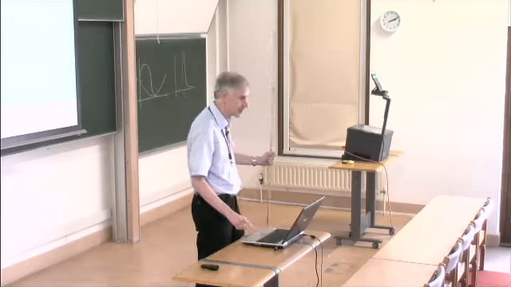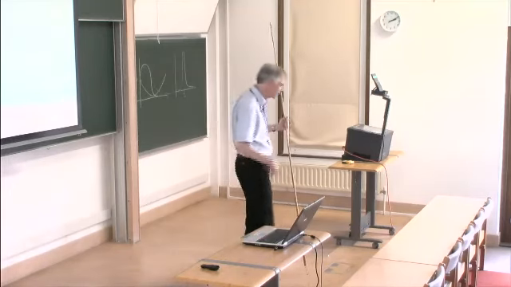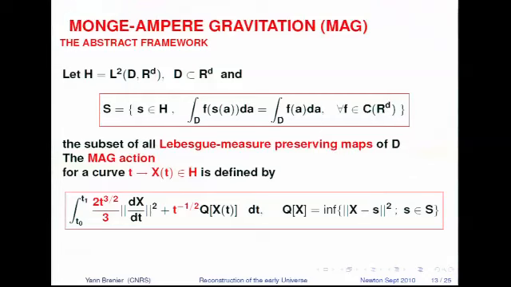And so now I can define in an abstract way the Monge-Ampère gravitation. Of course, I will not provide a proof of the calculation, but it turns out that you can encode the Monge-Ampère gravitation model by a least action principle.